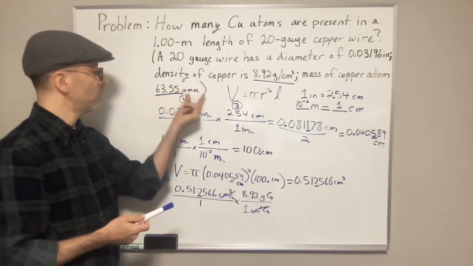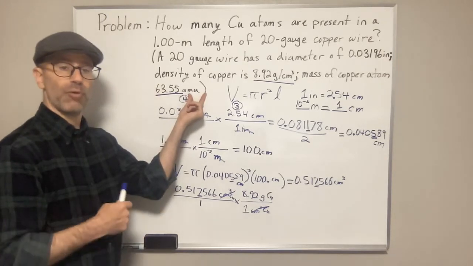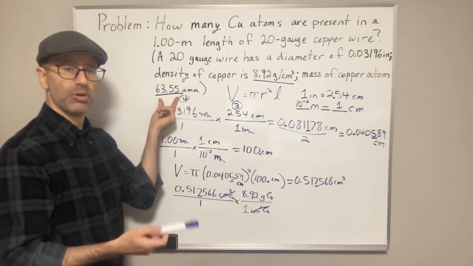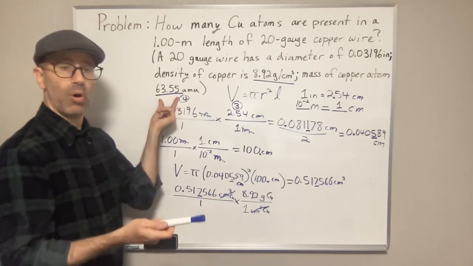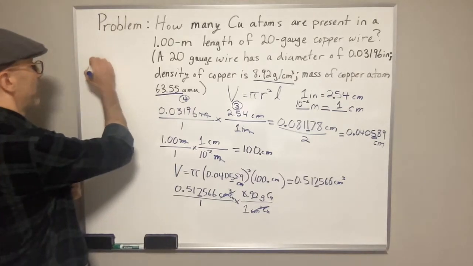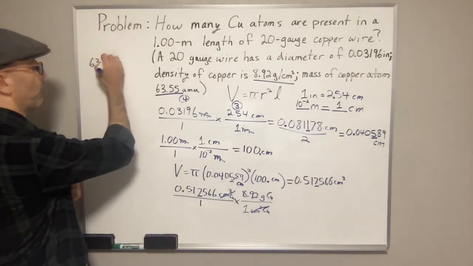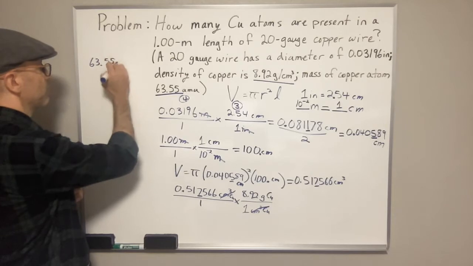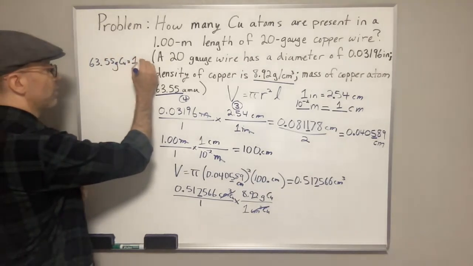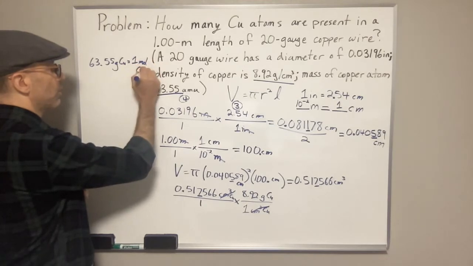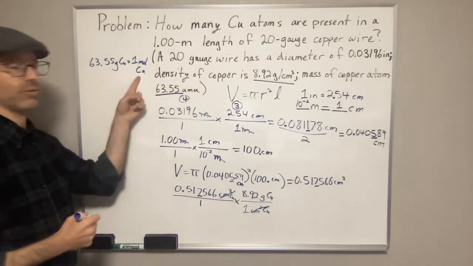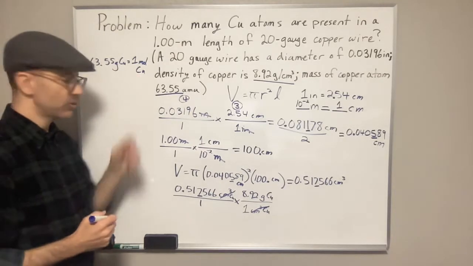So this is the number of AMU units for one atom. So per atom, it's the exact same number of grams per mole. So this tells us that 63.55 grams of copper is equal to 1 mole of copper. So I can now use this relationship to convert grams to moles.